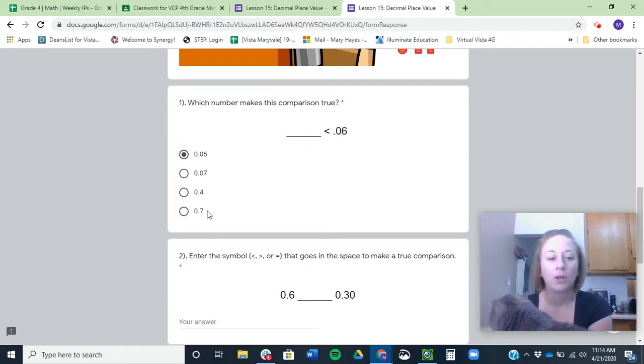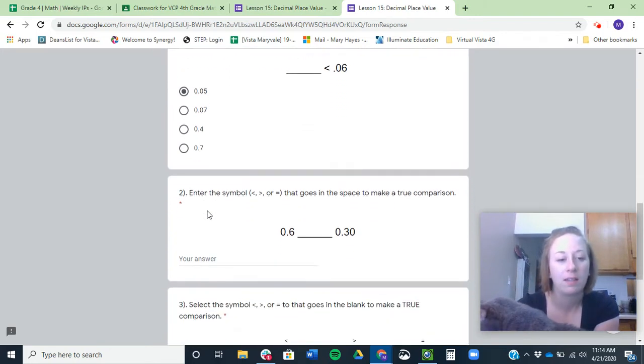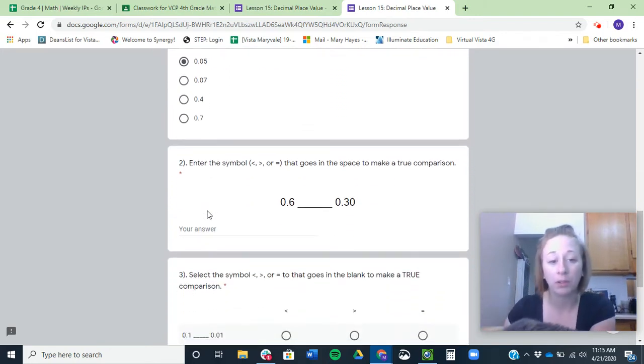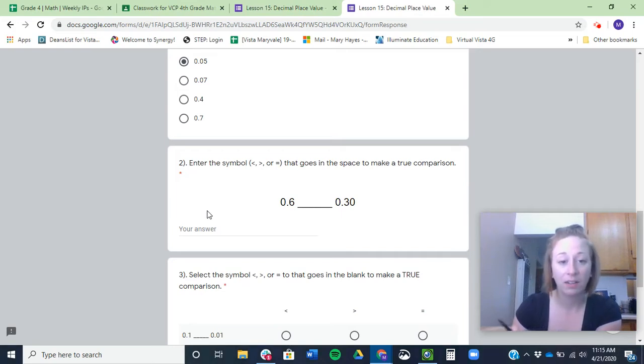Okay, question number 2 says, enter the symbol less than, greater than, or equal to that goes in the space to make a true comparison. Go ahead and write those values on your scrap piece of paper.